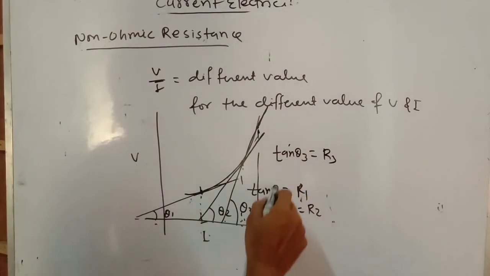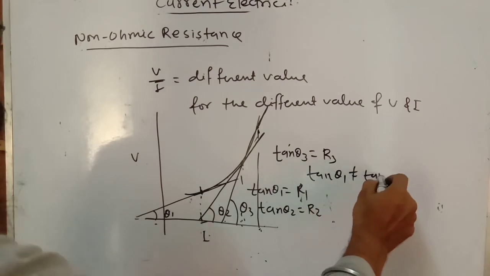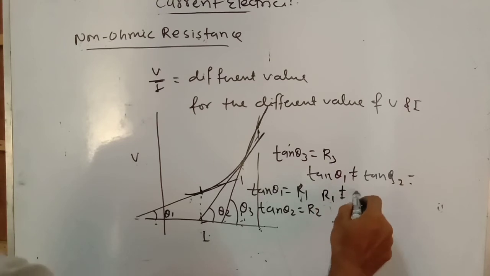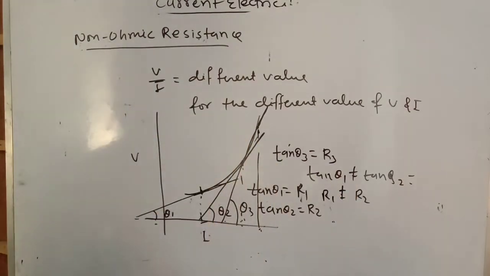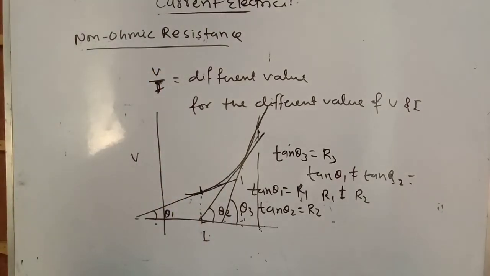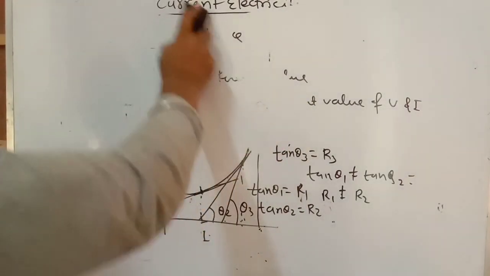But here the slope values are not equal, all are different, so the resistance values are also different. So it is a non-ohmic conductor. You can simply say the ratio V by I gives different values for different values of V and I, so it is a non-ohmic resistance.